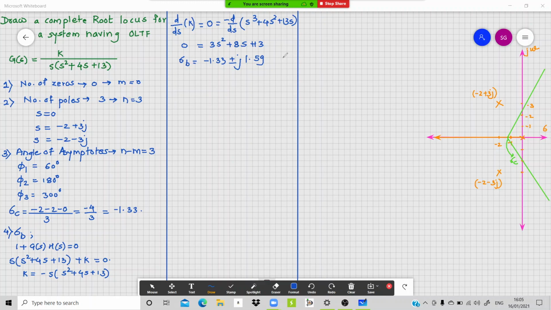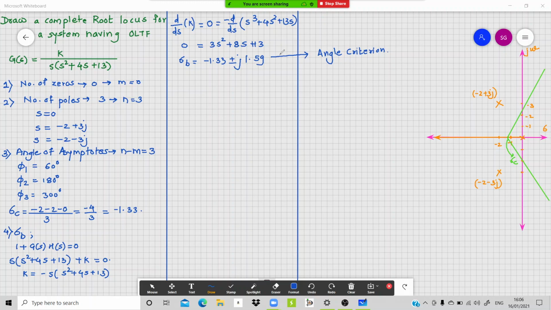Now how are you going to check? You just apply the angle criteria for this, and you just try to see whether this point is satisfying the angle criteria, means whether you are getting 180 degrees over there or not.